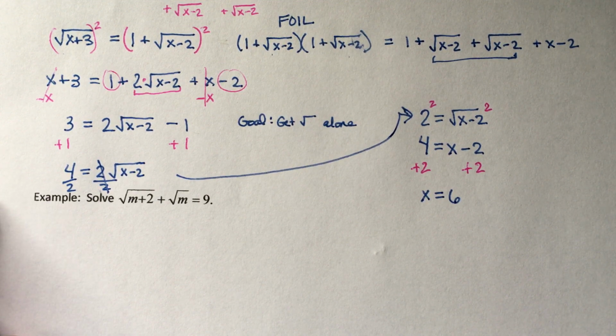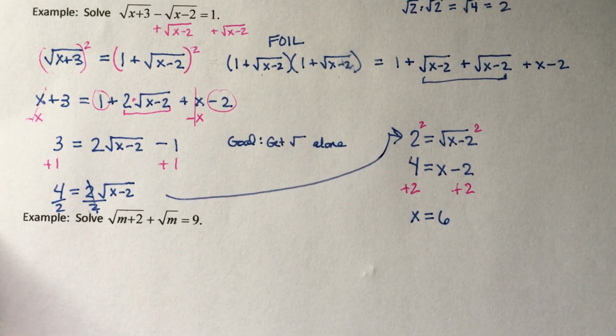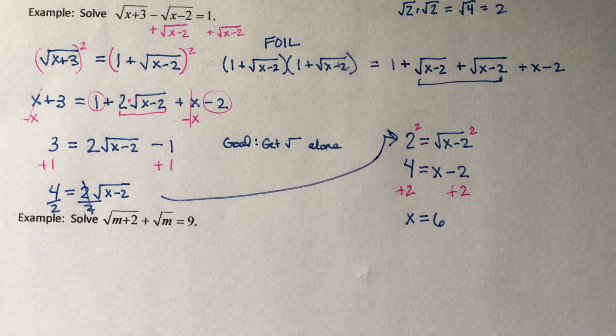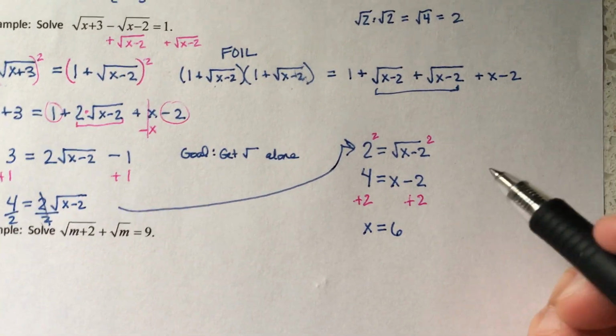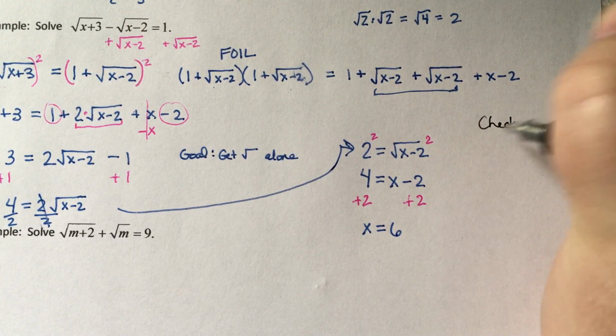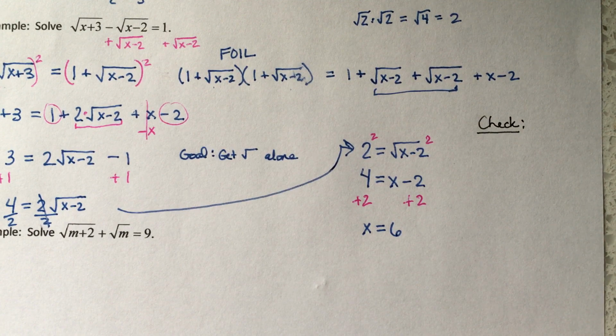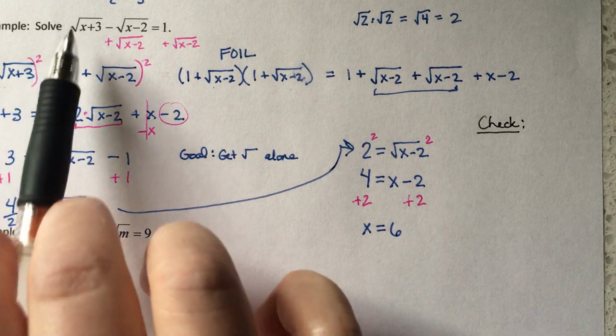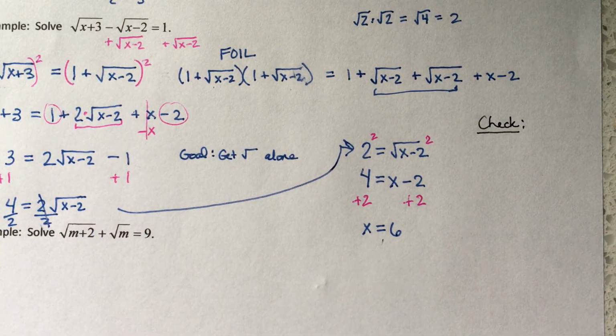All right, are we done? Unfortunately not. But checking hopefully isn't too difficult because it is just plugging in. So I take the original equation and I'm plugging in x equals 6.